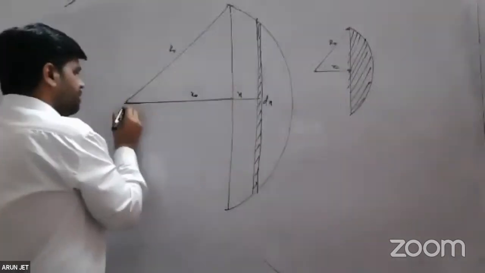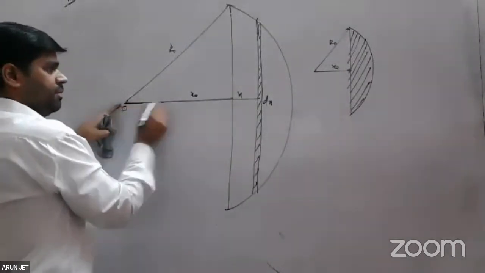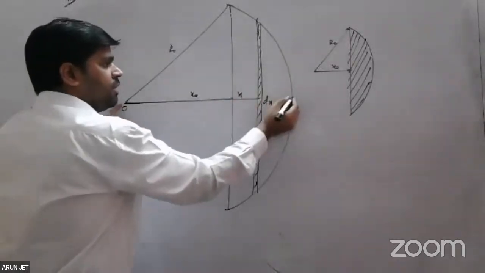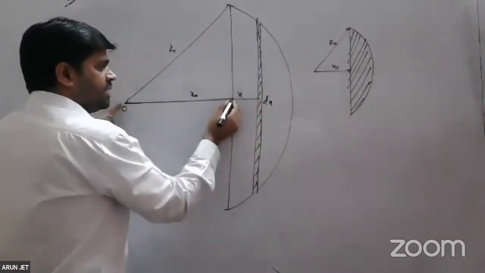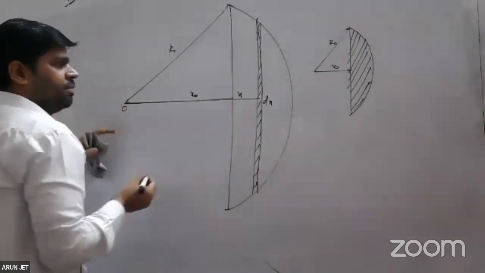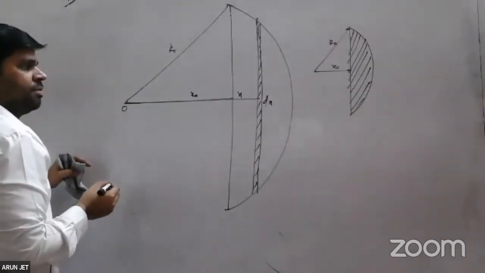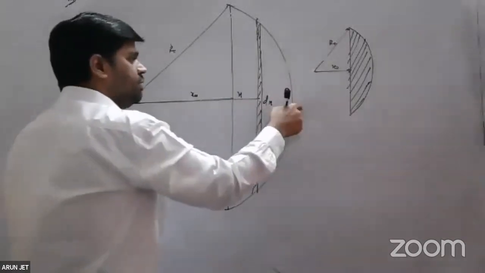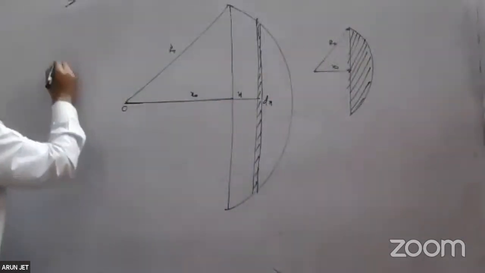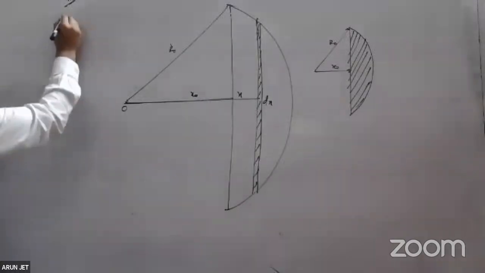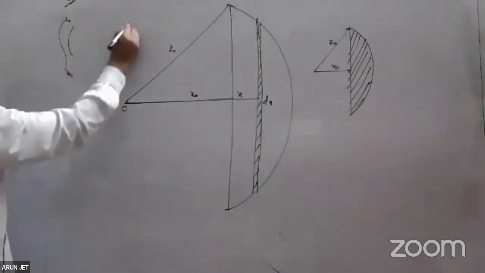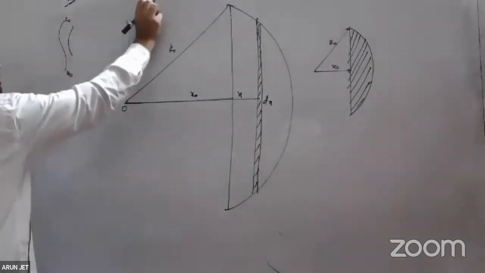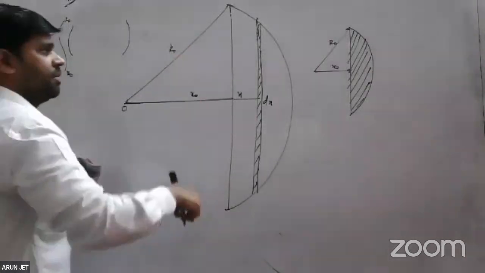Where does x go from? This is my origin. X goes from here to here. What is x over here? X naught, sir. X naught to R naught. Right. So my integral goes from x naught to r naught. Now all I have to do is write the area of the strip.